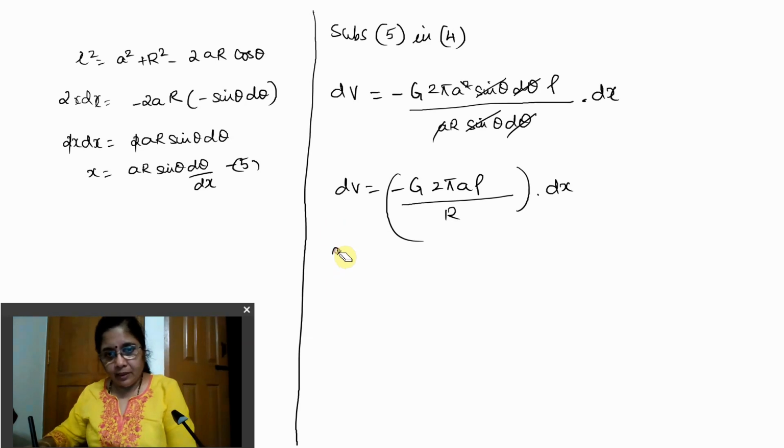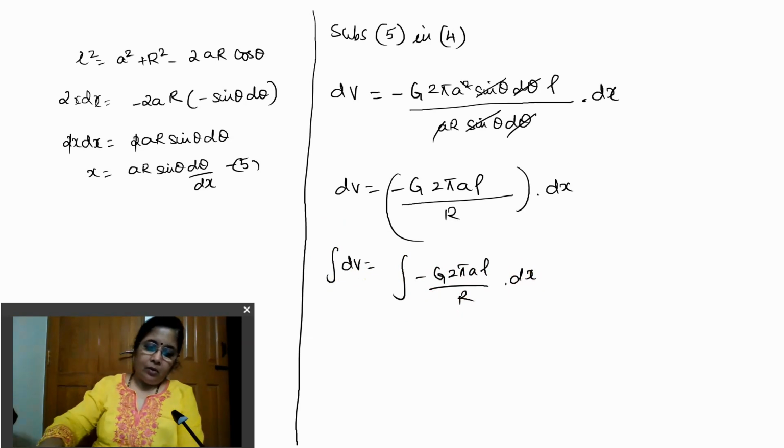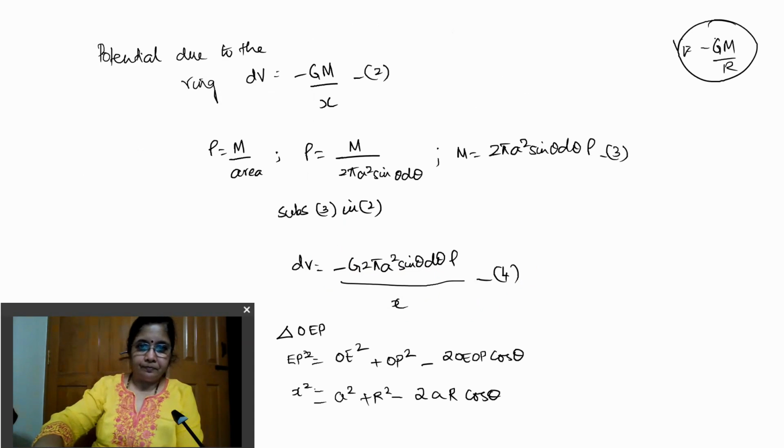So I will integrate dv, which is equal to integrating minus g 2 pi a rho by r into dx. Now, what are the limits?